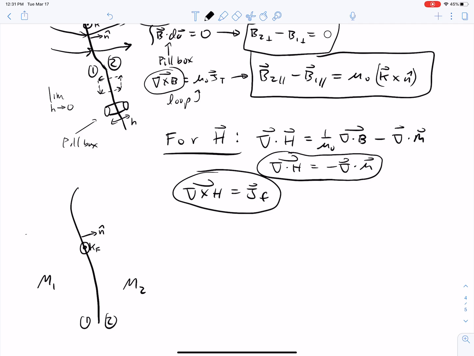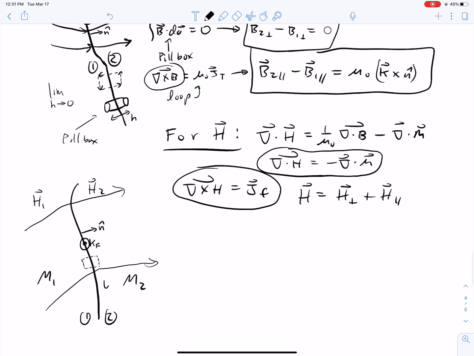And so now we could have some H field here, H1, and H field 2, and we're going to break the H into the H perpendicular plus parallel, like we did before. And so now we're going to do the same thing. We're going to do the Amperian loop, and then we're going to also do the pillbox. And they have some length h, and we're going to take the limit as h goes to 0. And we'll just do the same thing.